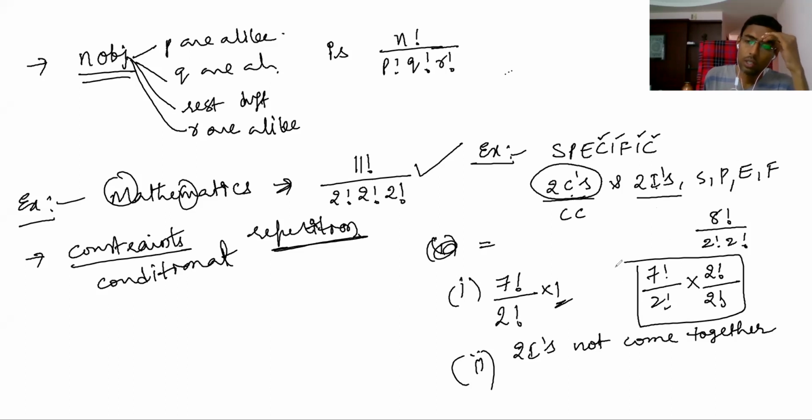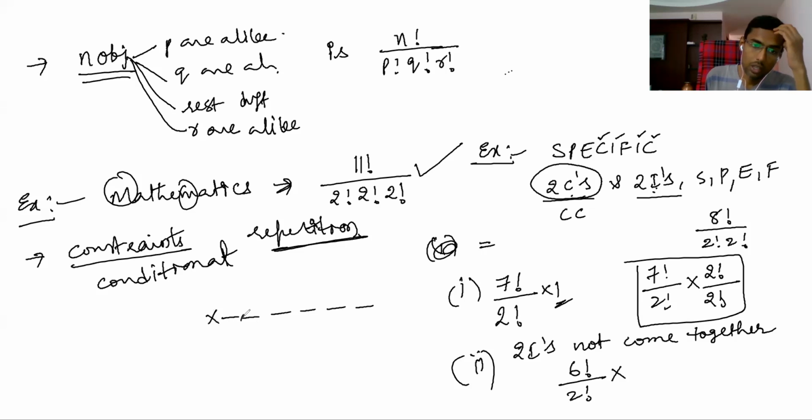So keep the 2 I's aside, and the remaining six you can arrange in 6 factorial by 2 factorial ways. Here I arranged the 2 C's and S, P, E, F, 6 objects, in 6 places.